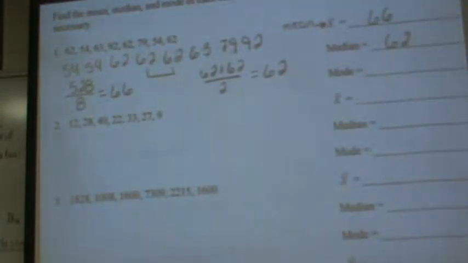So our median is 62. Our mode is the number that occurs most often in our set. 62 occurs 3 times. So that occurs most often. So 62 is also our mode.